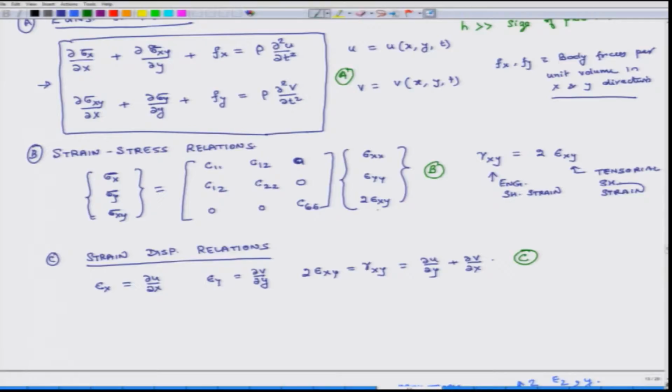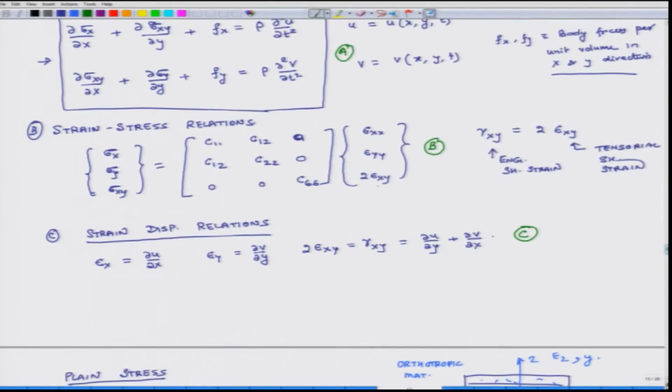Then we put C into the new A. Then those strain related equations become displacement based equations. So, it is a fairly mechanical process, so you can do it in your homes. That is one part of the thing we will not worry about in this course, but please do this and convince yourself that whatever equations we are going to use further, they are correct. So, if I plug C and B into A, I get equations in u and v only.